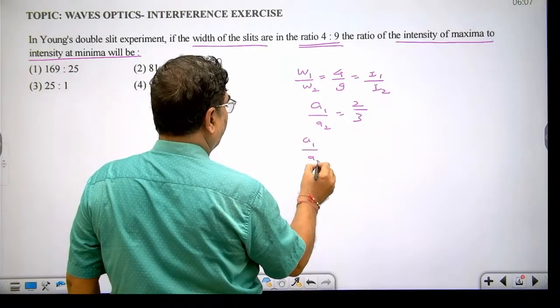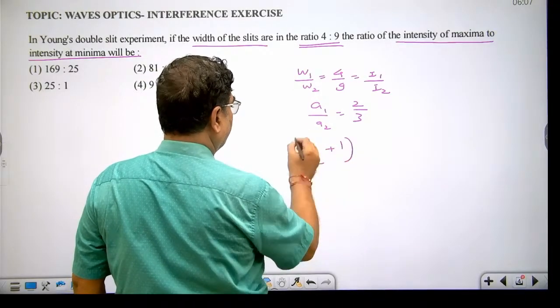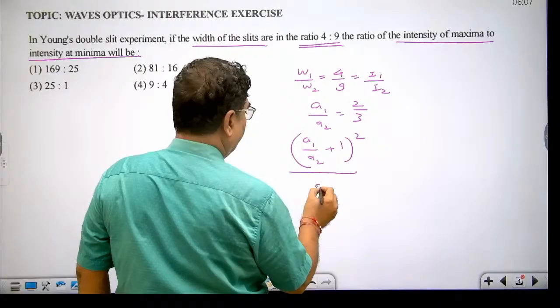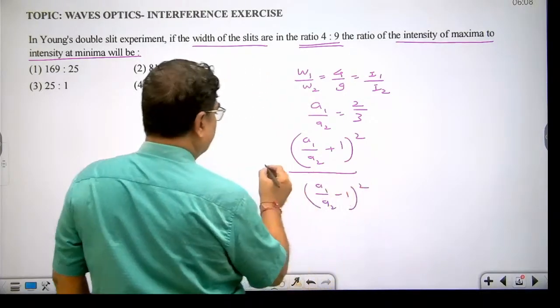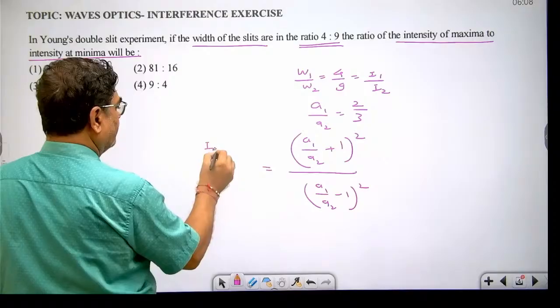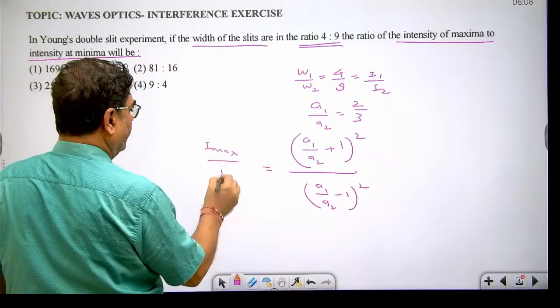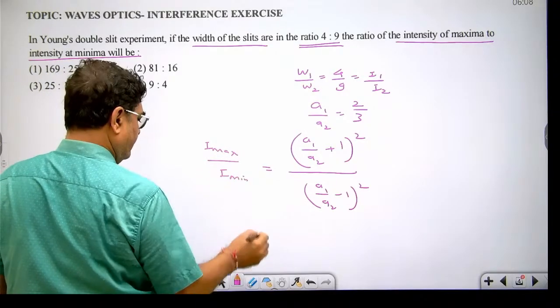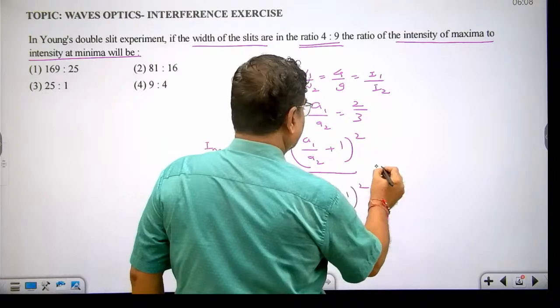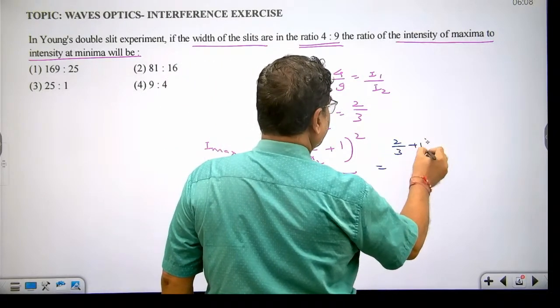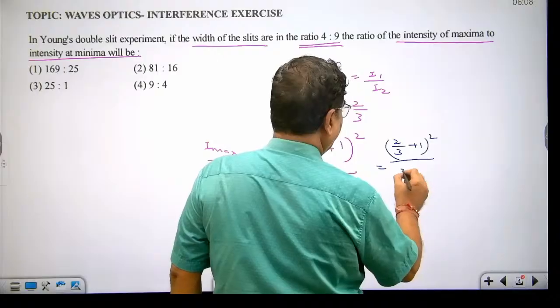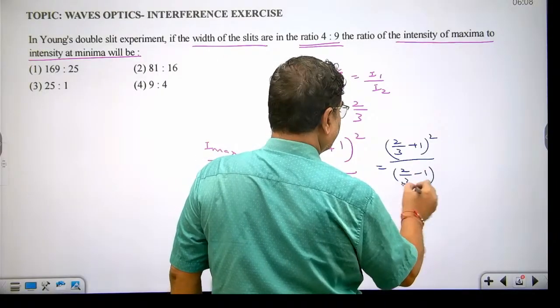(A1 upon A2 plus 1) whole square upon (A1 upon A2 minus 1) whole square. This is the ratio of maximum and minimum intensity. So the answer to the given question is (2/3 plus 1) whole square divided by (2/3 minus 1) whole square.